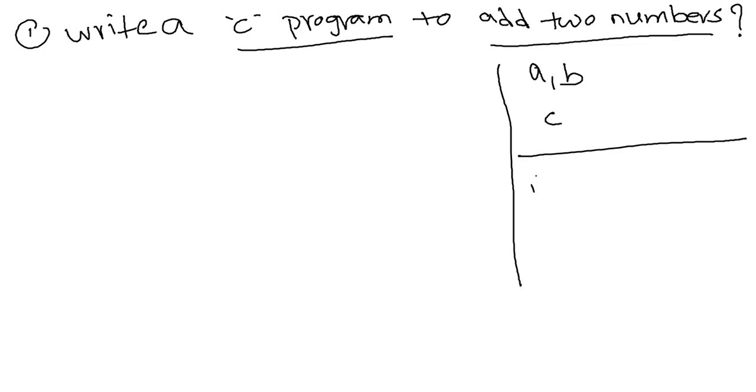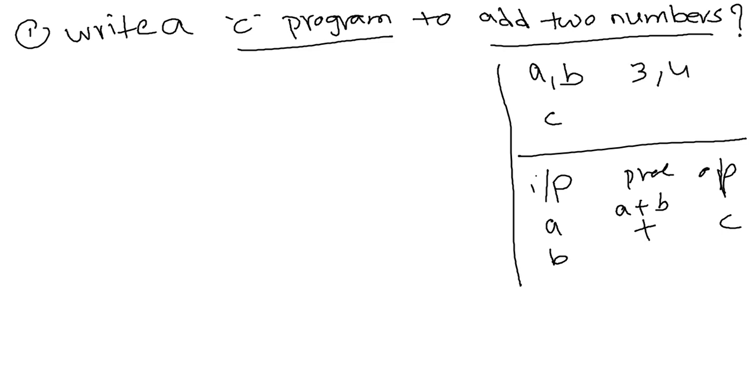Whenever you go for the input, output, and the process, here the input is A and B, output will be C, process will be plus. A plus B. The value will be stored in the C. So for example, if I take the A, B value 3 and 4, C value will be 7.